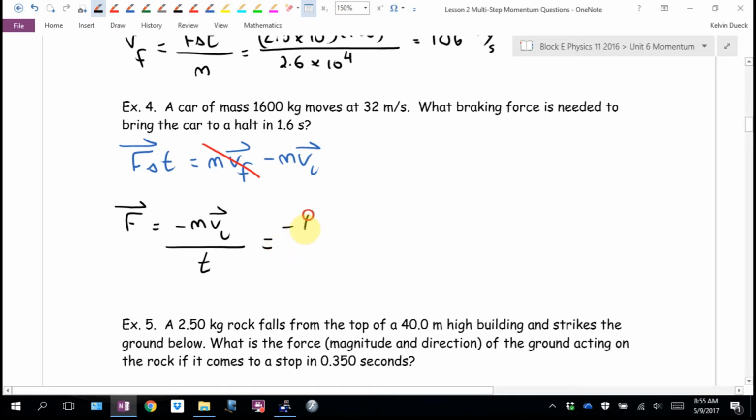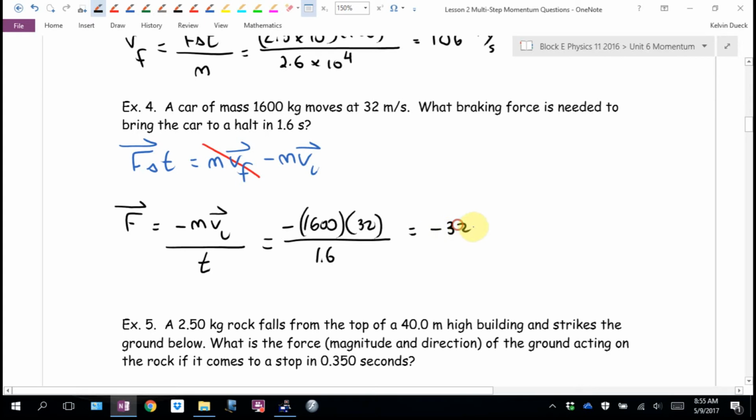Negative 1,600 times 32 divided by 1.6. Oh, this will work out nice, I think. Do you get negative 32,000? Or am I wrong?